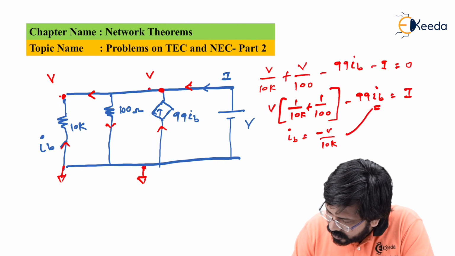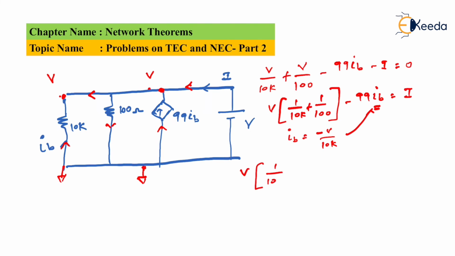Replacing this IB, what do I get? V in bracket 1 upon 10k plus 1 upon 100, minus 99 times IB, which is negative of this, so eventually this becomes positive, V upon 10k.